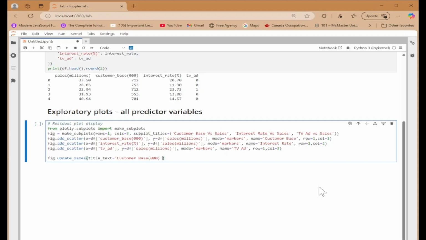Okay, customer base in 1,000. Row equals 1, comma, col equals 1. So 2 more for that.